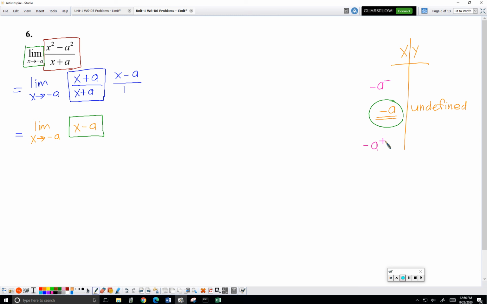So if we have close to negative a, I like addition. This would be like close to negative a added to another negative a. What do you have? Negative 2a. So in both of these cases, the y value is going to get close to negative 2a, which means the value of this limit is negative 2a.